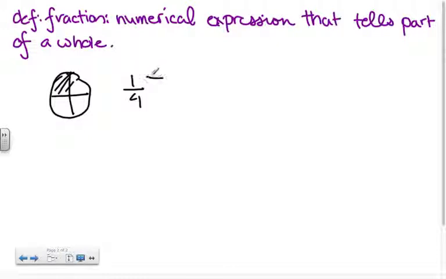That tells me I have 1 part of the whole, which is 4. Or if you like to think of it in terms of quarters, you have 25% of $1. That's a good way to think of it.